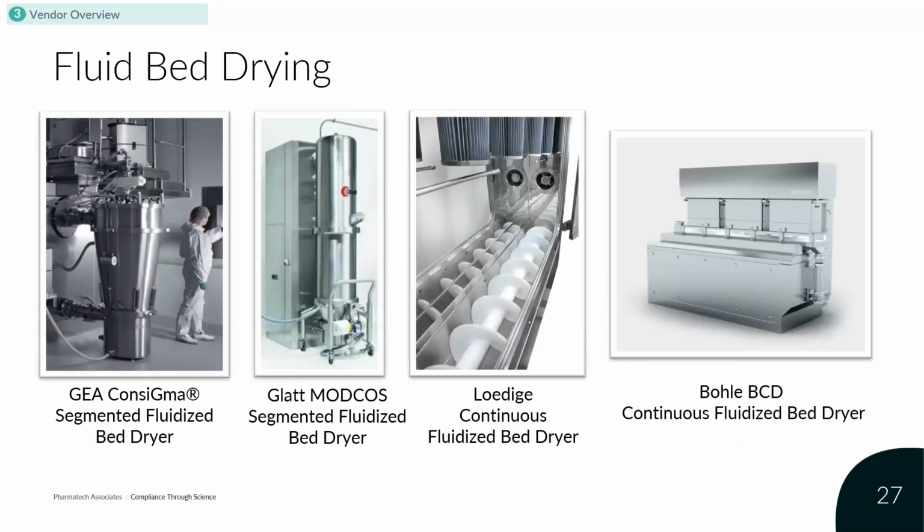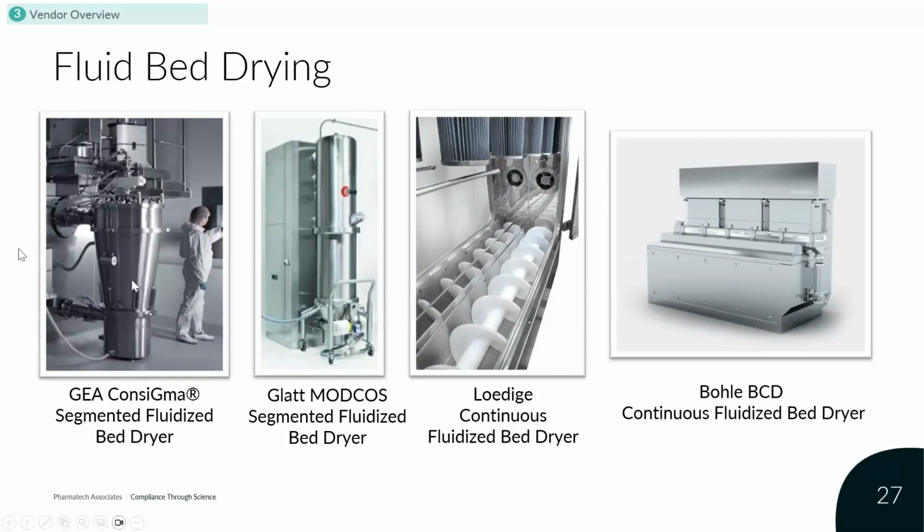Right after the wet granulation, of course, you have the fluid bed drying. This mostly comes together because the granulator and the fluid bed dryer have a system interface already in between, but these two unit operations are working very closely together, and this interface is not so easy to manage.